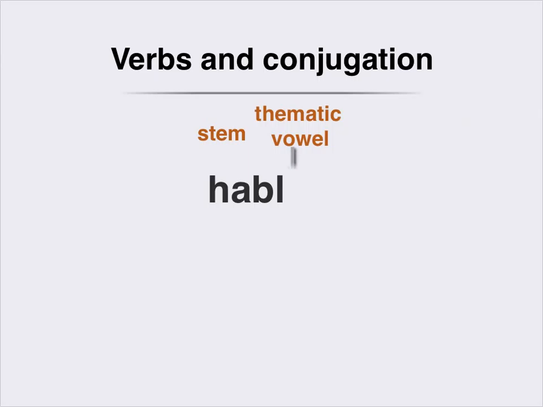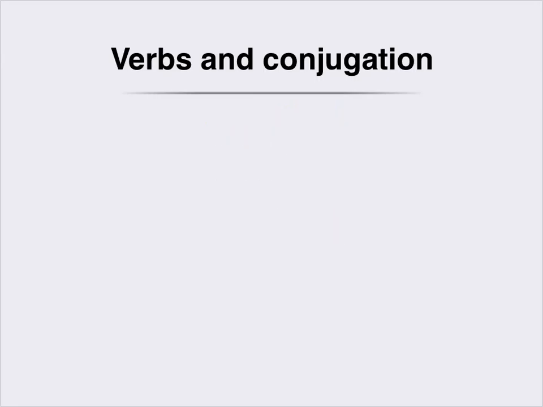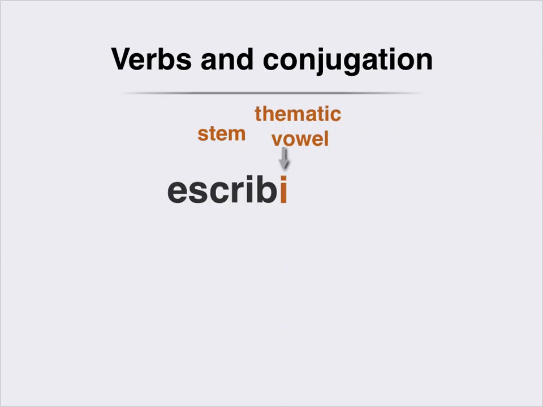So, for an A verb, many verb endings begin with A. For an E verb, many verb endings begin with E. And for an I verb, many verb endings begin with I.